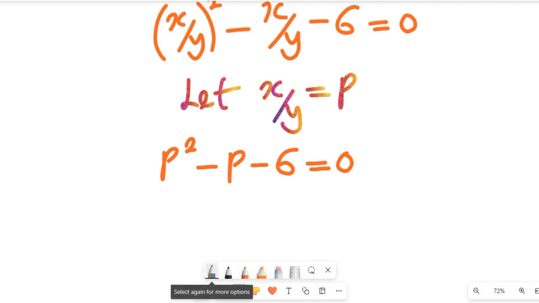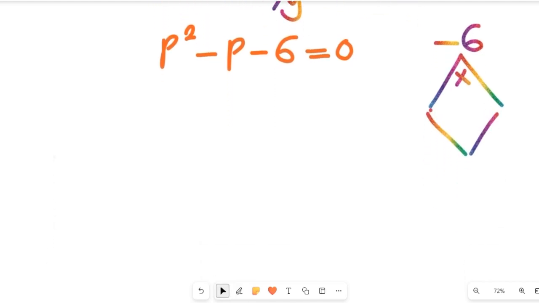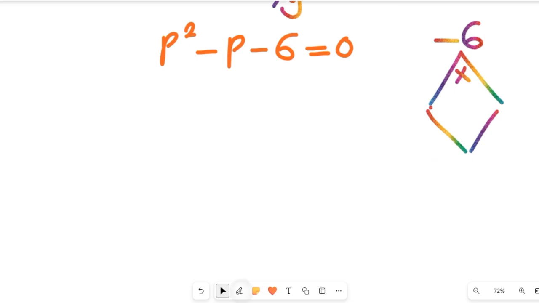From that quadratic equation, we're given -6, right? We're going to look for two values that multiply to give us -6, and when we add such two values, we are going to have -1, which is the coefficient of p. Now, what are those two values?